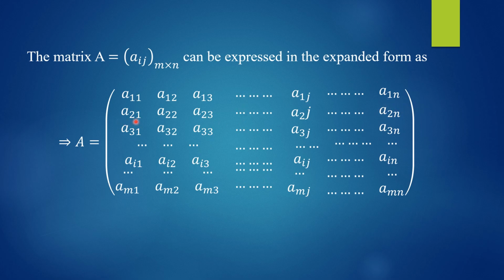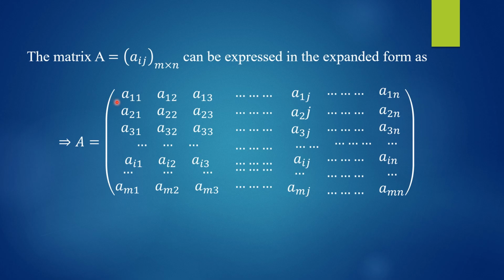Similarly, the second row: 2 2 2 is the second row, and 1 2 3 for the first, second, third columns respectively. So this is the expanded view of the matrix Aij, m by n. I already told you these numbers are written in the first row.